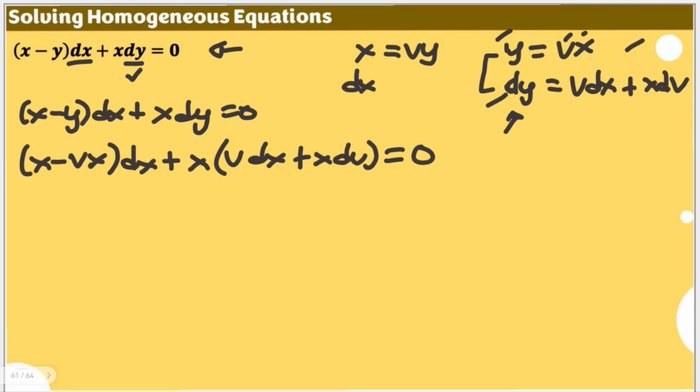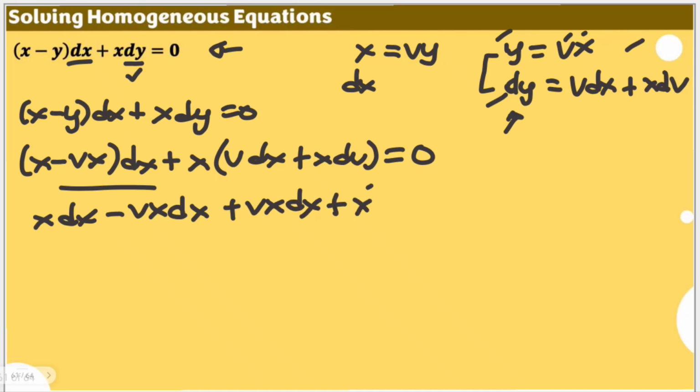Now that we are done with substitution, we simply need to manipulate this and isolate dx or dv instead of dy. So it will become x dx minus vx dx. Some references will not do this, because they are on the same derivative dx, but I'm just going to do it like this to illustrate the further process. Here you will have vx dx plus x squared dv equal to 0.